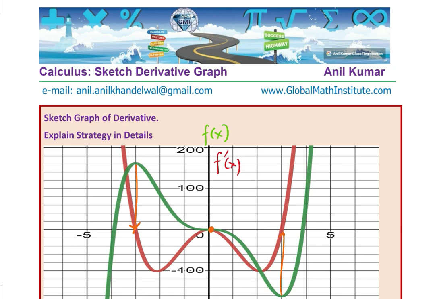This portion is increasing. So here we have positive. Do you see that? This portion is decreasing. And so this portion is negative. You get the idea. And this point corresponds to what? Change of concavity. Perfect.